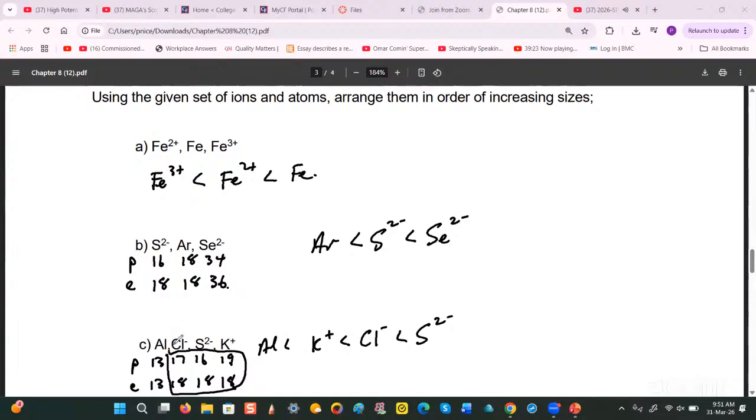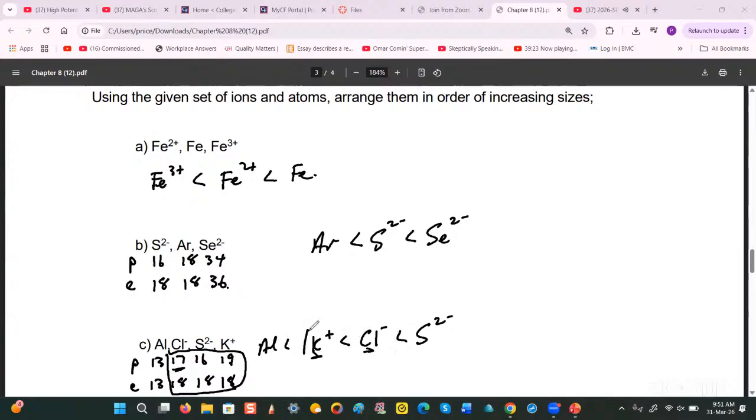Once you identify that, the one that is smallest is the one with the greatest nuclear charge. So if you have three structures with the same number of electrons, you look at first which one has the greatest nuclear charge. That one will be the smallest. So that's why I put potassium here first. And then the next would be the chloride, because its nuclear charge is 17. And then the one with the greatest radius would be sulfide, which is 16.